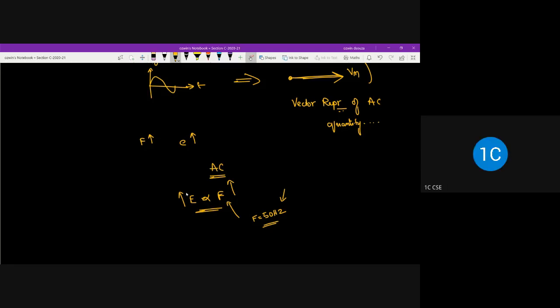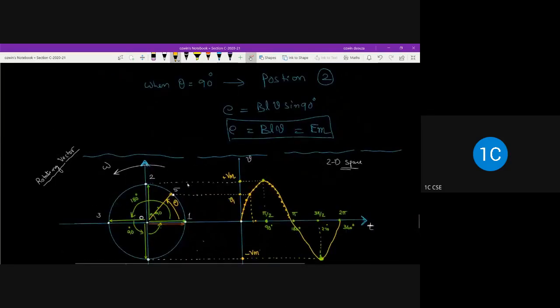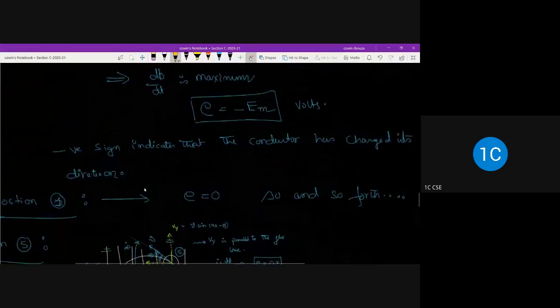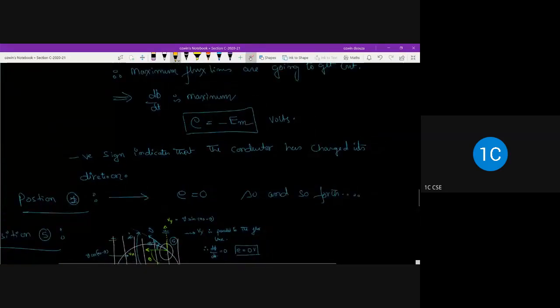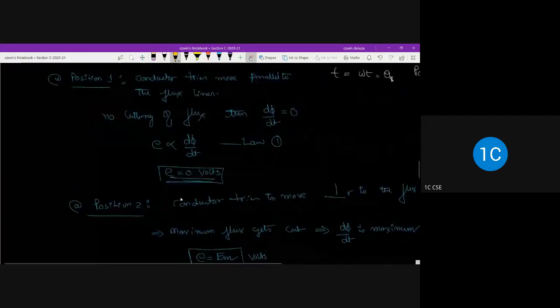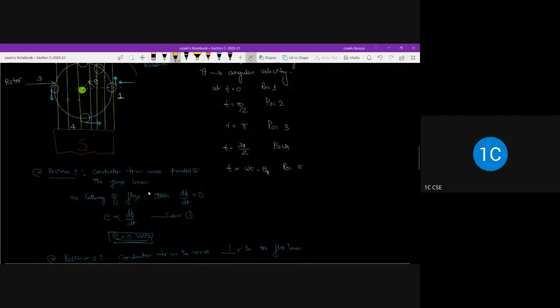All right. So this is how the concept of sinusoidal, or rather the rotating vector concept, is understood. I'll go a little slow, because if you are perfect with the concepts, probably we can pick up the speed later.